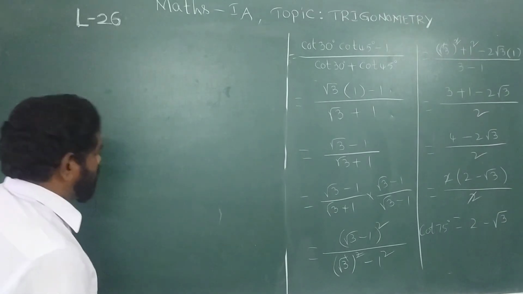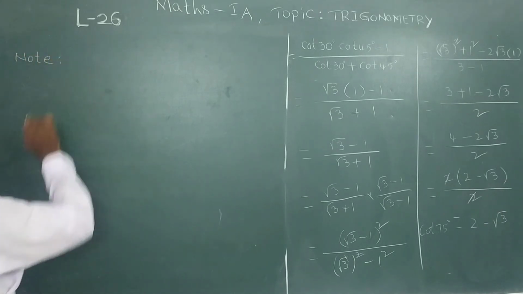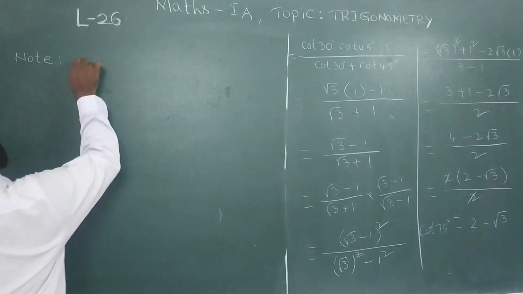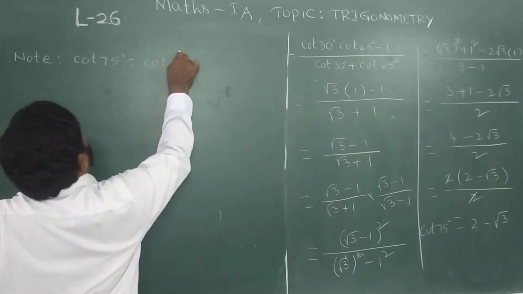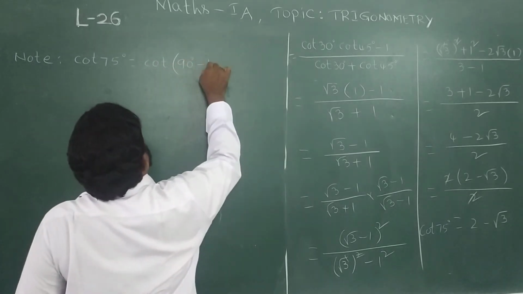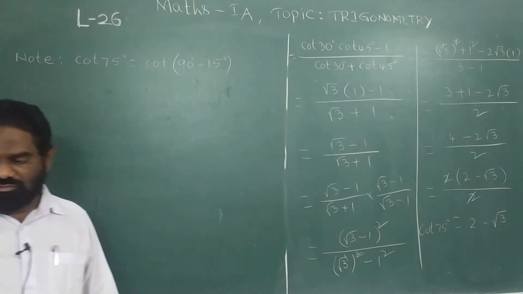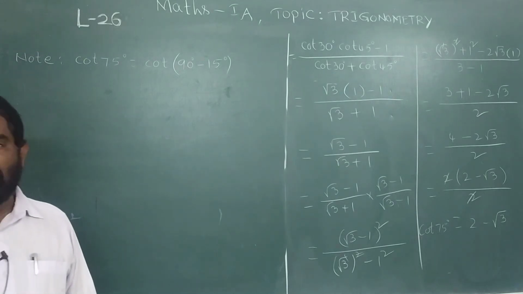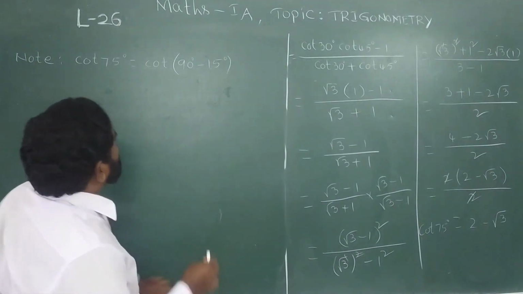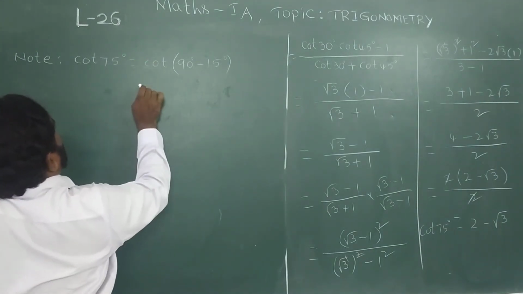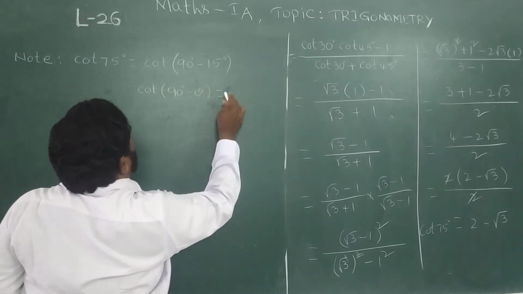Now, note condition is cot 75 degrees can be written as cot of 90 minus 15 degrees. Listen. Okay? This is cot of 90 minus theta. What is cot of 90 minus theta?